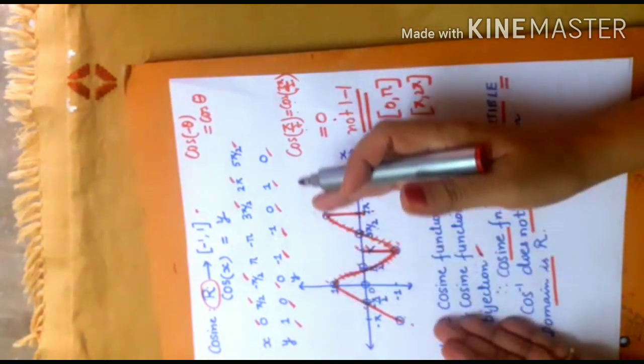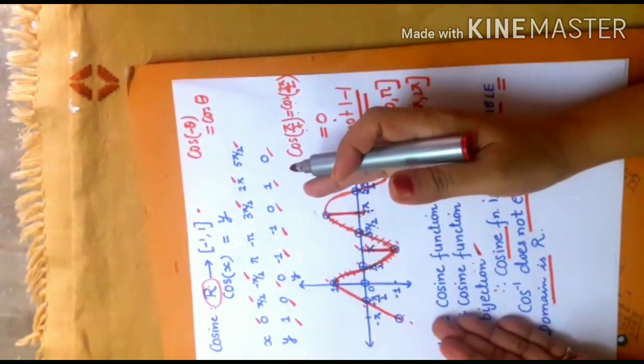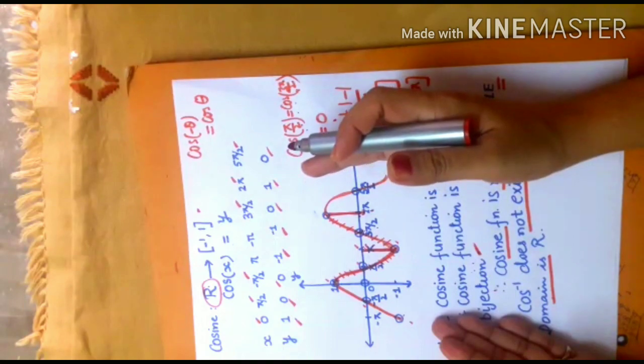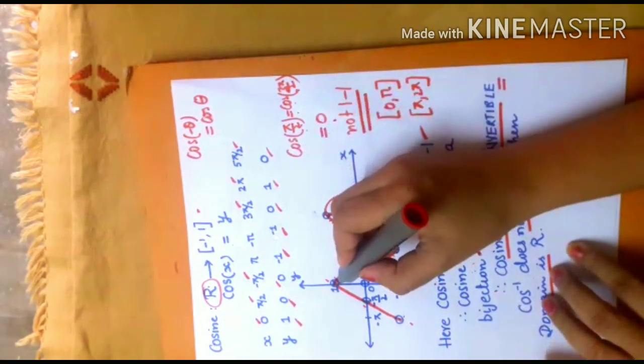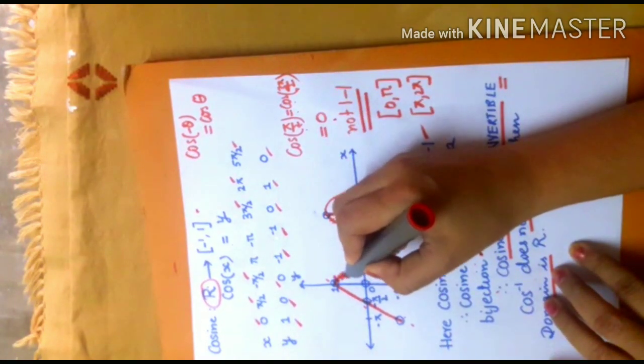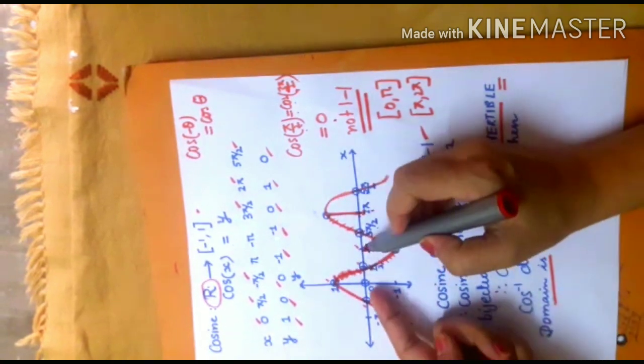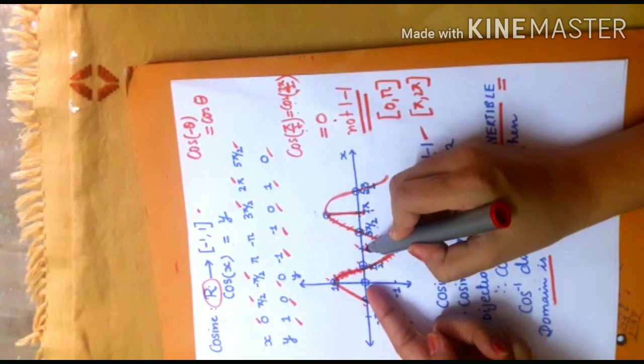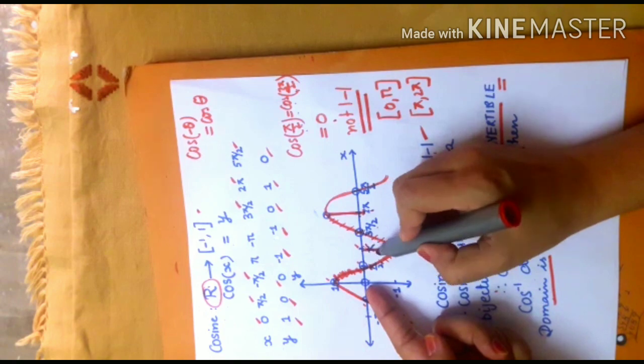Now amongst all such intervals where the cos function is one-to-one and onto, I prefer this interval 0 to pi, which we call the principal value branch.